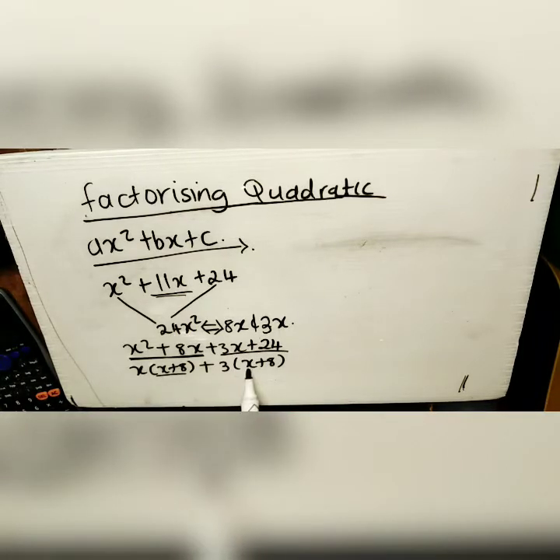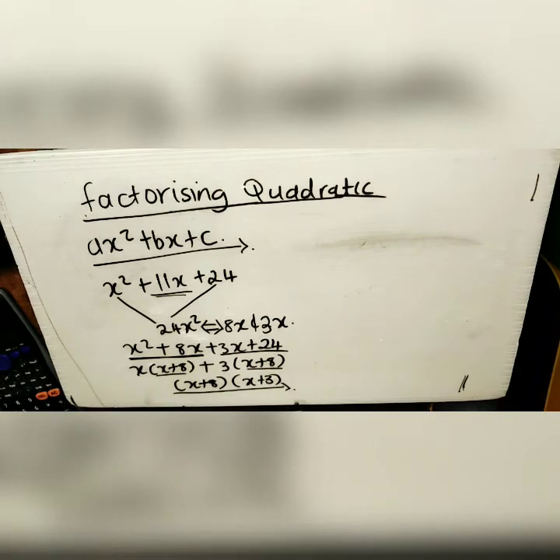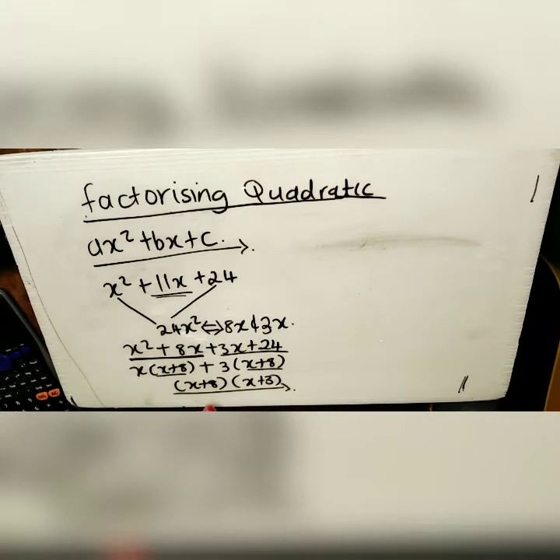Your common bracket, you write it once. That will be x plus 8. And then x plus 3 forms another bracket. Okay. So we have factorized this quadratic expression, and our factors are x plus 8 and x plus 3.